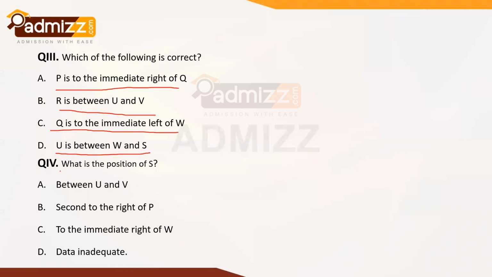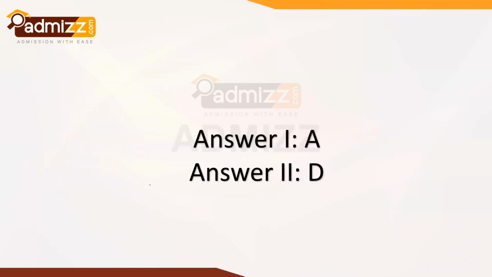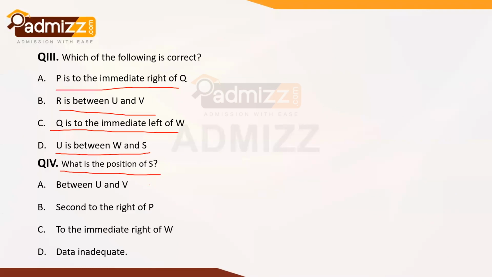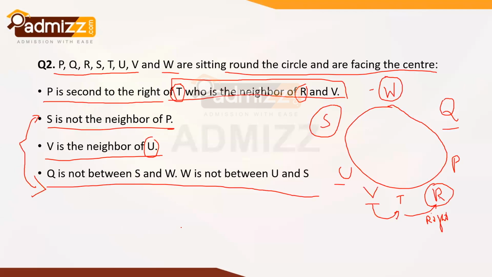Now we've got what is the position of S, right? So we have to find where S lies. S lies between W and U, right? Since everyone is facing to the center, and since W is facing towards the center, we can also say that S is to the immediate right of W, right?